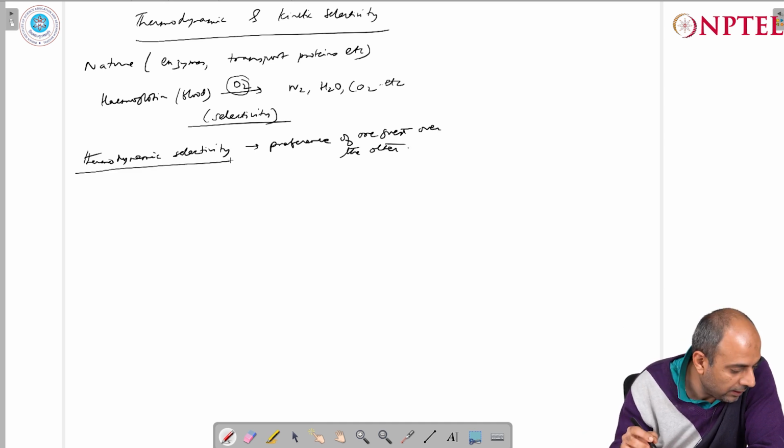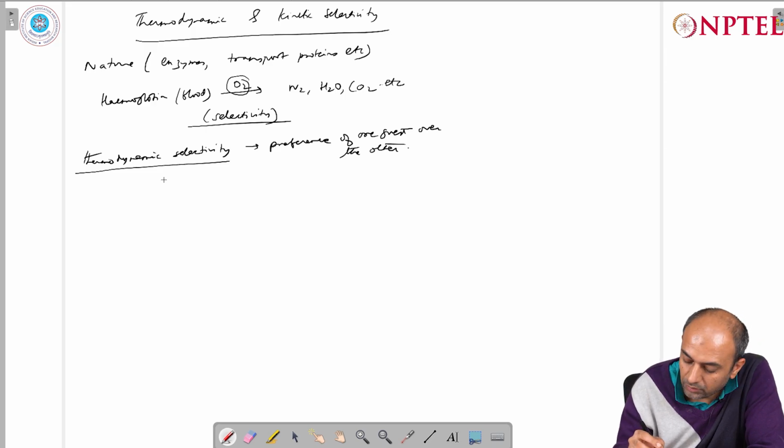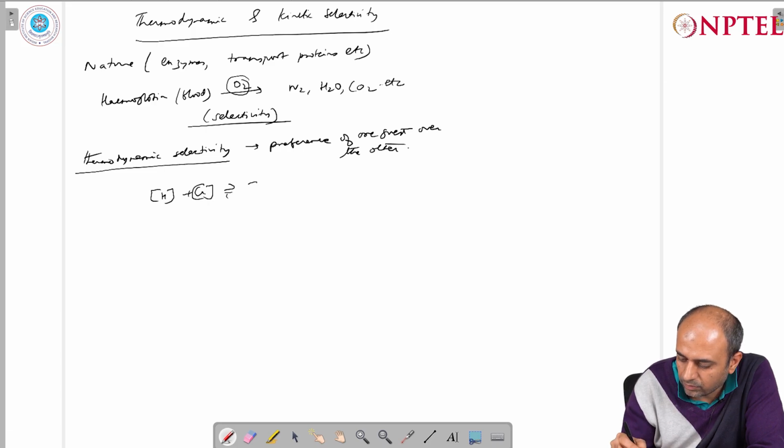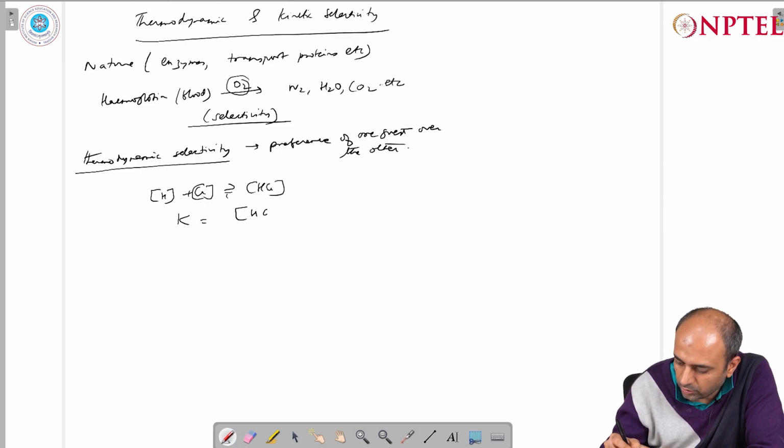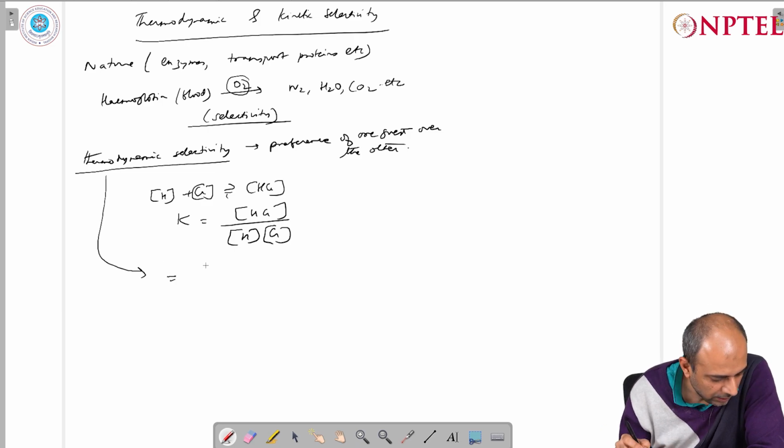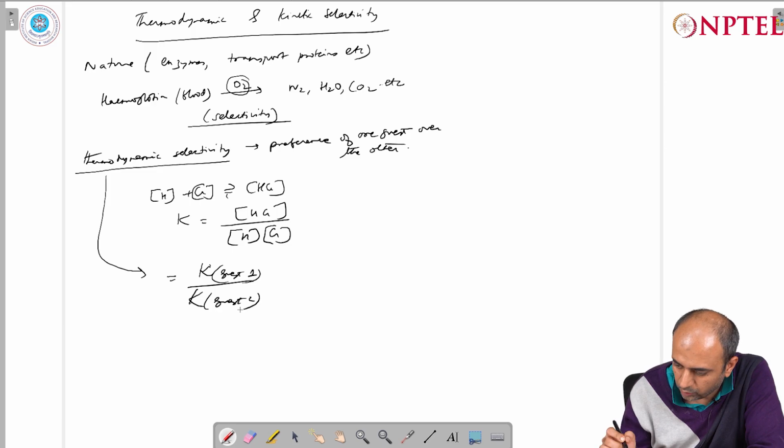This is how we define thermodynamic selectivity, and we know that in general, when you have host plus guest, to give you the host-guest complex, the K is the ratio of the concentration of the complex to that of the host and the guest, and the thermodynamic selectivity is essentially the ratio of this equilibrium constant of guest 1 in comparison to that of guest 2.